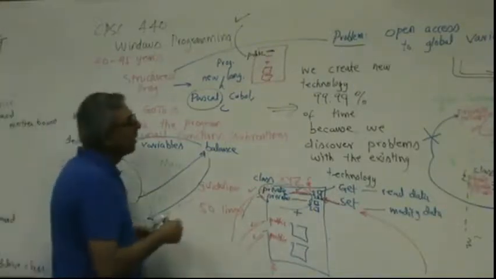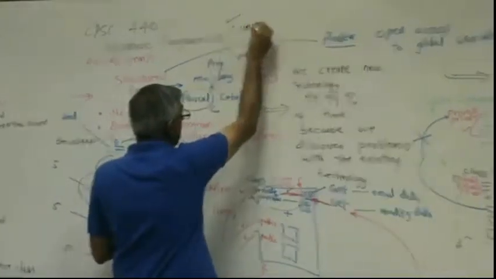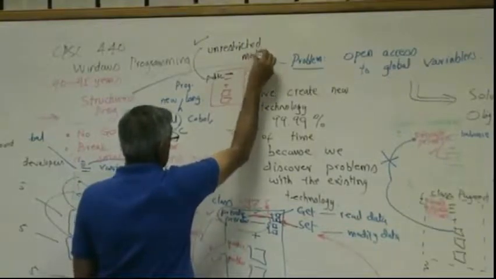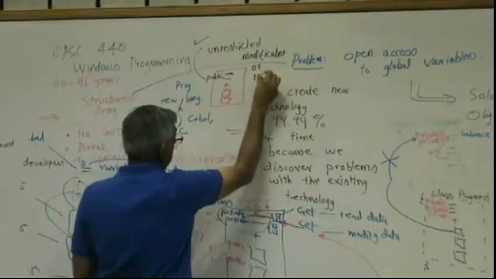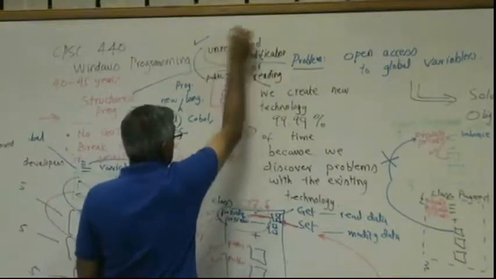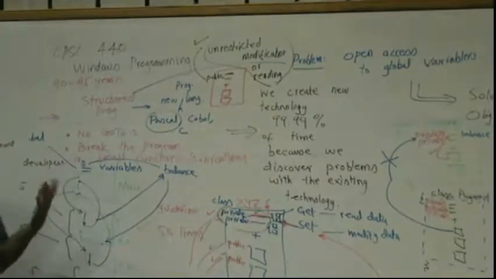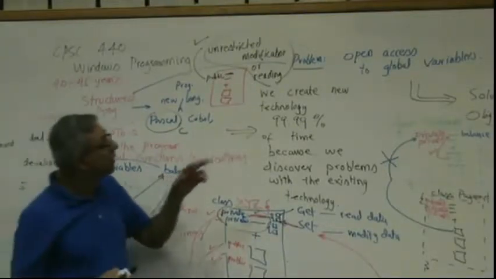Okay, in this case, we have unrestricted modification to the data or reading of the data, meaning anybody can come and modify the data and read the data. So we are truly back to this problem of open access.